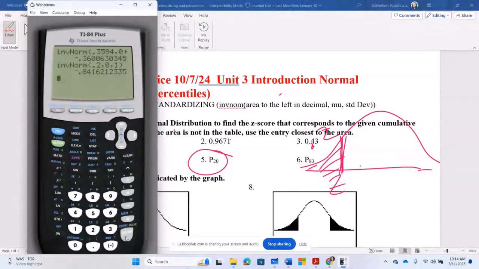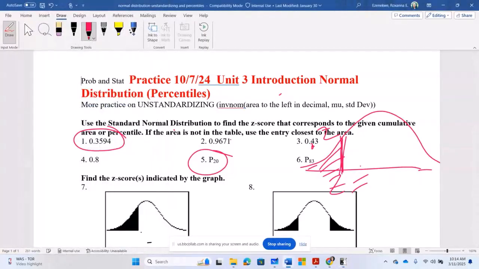Okay, and that area is negative. The z-score corresponding to the 20th percentile is negative 0.84. Remember that this is z-score, so negative 0.84, because area cannot be negative. So that is not area.